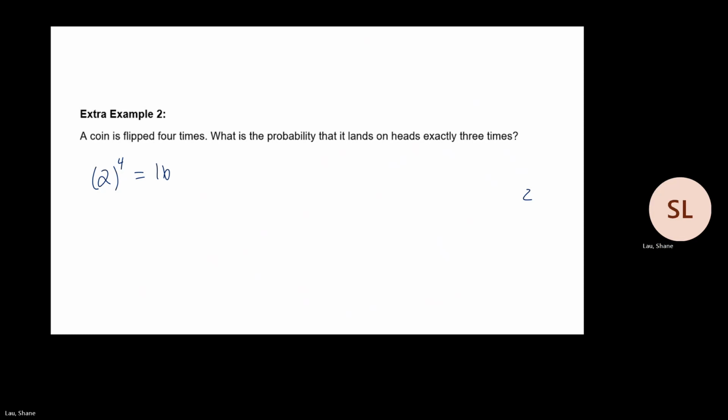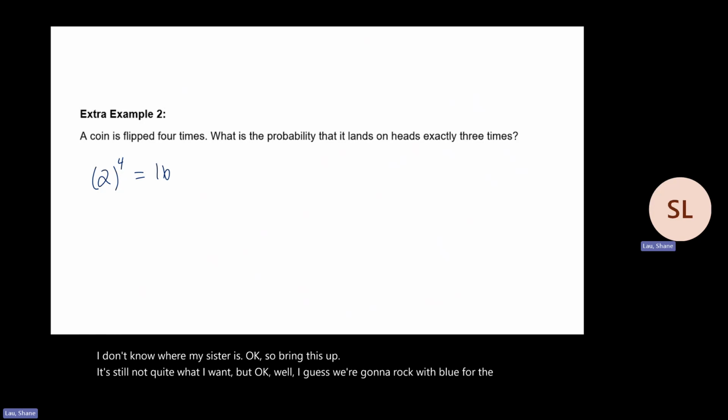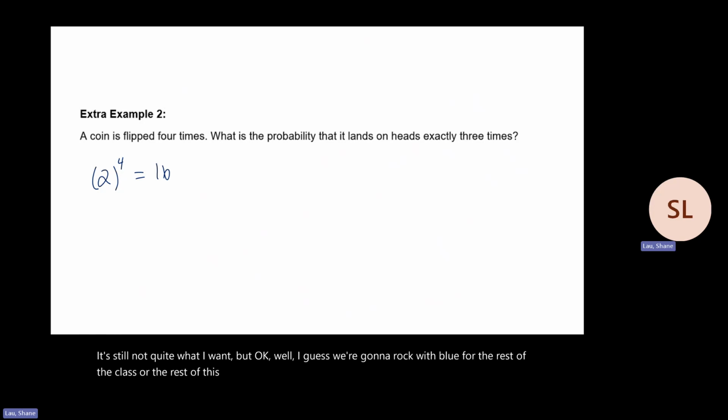I guess it really doesn't want me to change the color or something. Let me figure it out. I don't know where my mouse is. There it is. Still not quite what I wanted, but okay. Well, I guess we're going to rock with blue for the rest of this lesson because I don't know why it's not working.